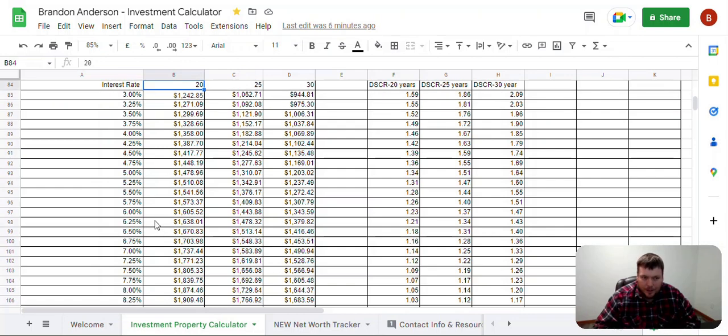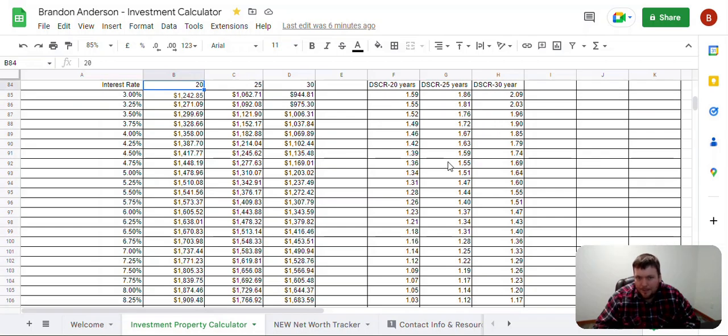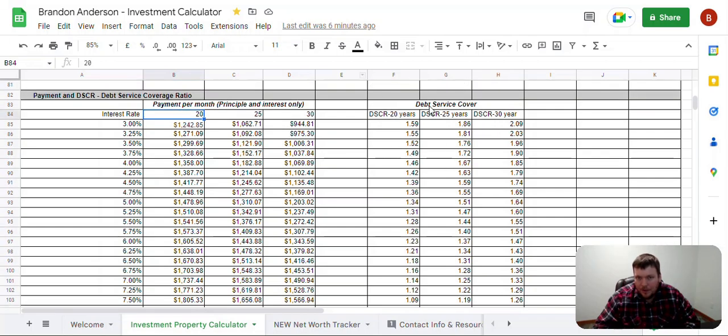So you can look: maybe I'll get a 6%, but it might go up to 7% by the time I close on it. You can just look at what the difference is. It'll be a $130 difference. So you can do basic math that way without having to run your numbers all the time.